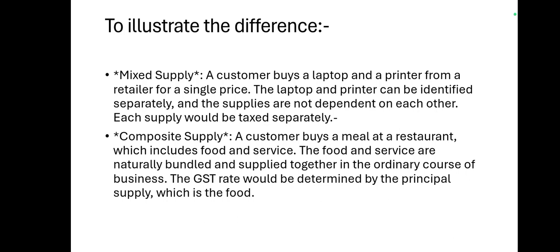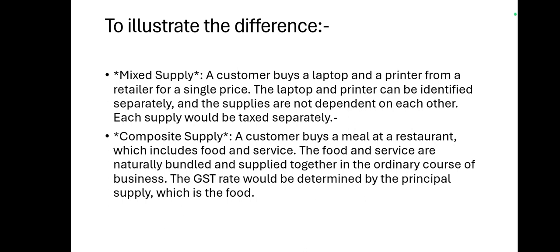When you go to a retailer and you buy a laptop along with a printer, usually we have such offers, no? A laptop comes with a printer. Here it is a bundled product. The laptop and printer can be identified separately.